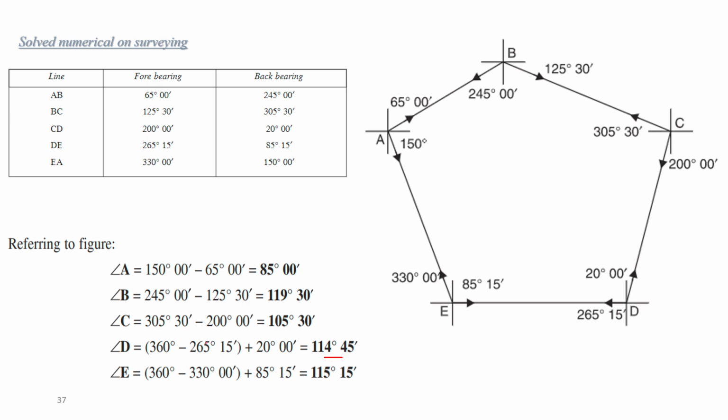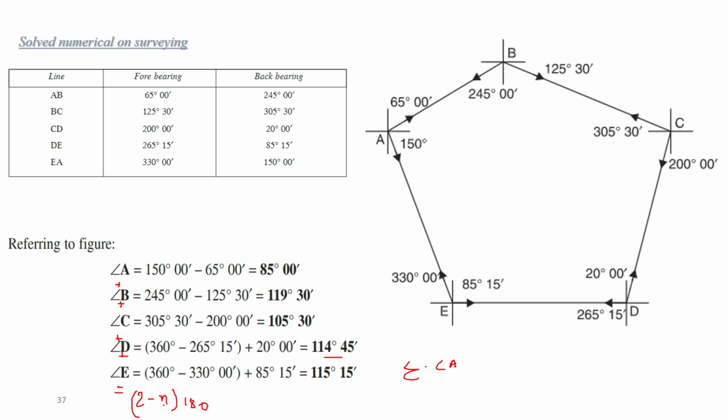There is one arithmetic check for this. Okay, we will calculate the summation of angles. Summation of angle A plus angle B plus angle C plus angle D plus angle E should be equal to (n minus 2) multiplied by 180.